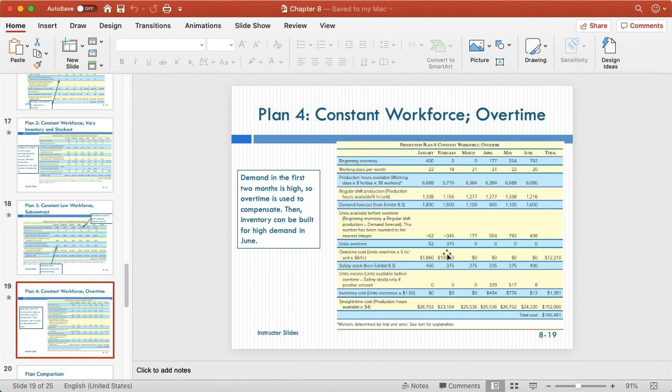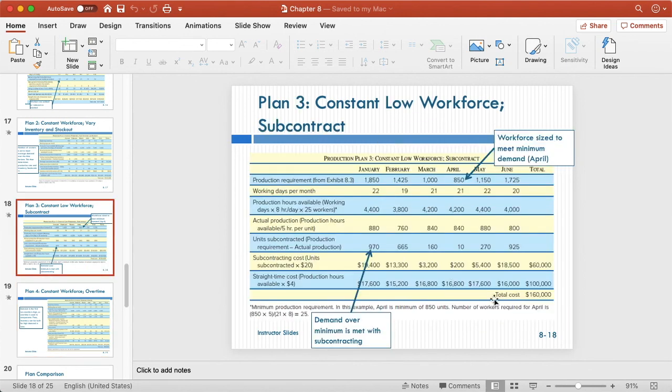So you incur the overtime cost, and you may also incur the inventory cost. When you calculate the total cost, you add them all up to get 165,491. If you compare this with the previous three plans, the total cost is higher, especially higher than plan 3. Or we can say plan 3 is the lowest.